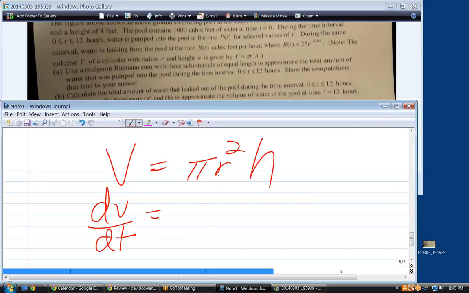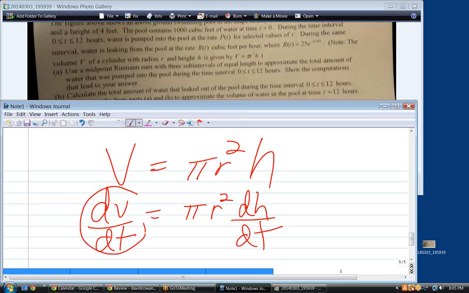Now, since r is a constant, I might be able to get away without differentiating that. In other words, just plug in 12 for the radius. The problem is I have two variables here.